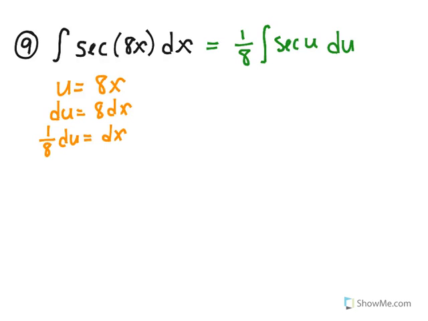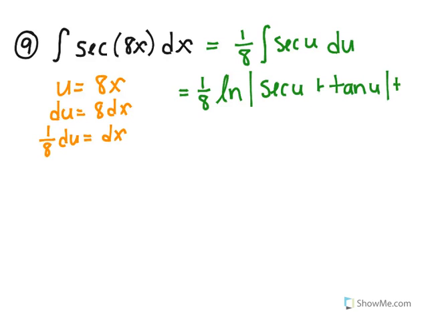Okay. So the antiderivative of secant u has a natural log in it. So this becomes 1/8 times the natural log of the absolute value. Secant x became secant x plus tangent x inside, so this is going to be secant u plus tangent u. And then don't forget the plus c at the end because this is an indefinite integral. And now I just need to go back and replace the u with an 8x.